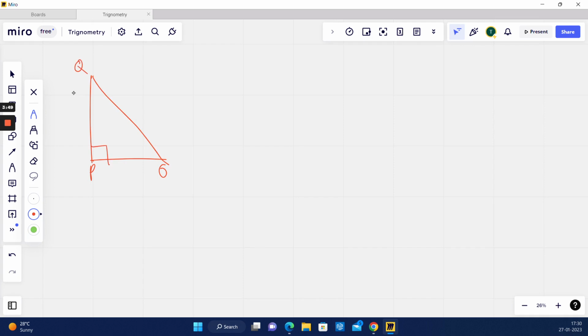Right angle at P, OP equal to 7 centimeter and OQ minus PQ equal to 1. Okay. Determine the value of sine Q and cos Q. We need to find sine Q and cos Q.